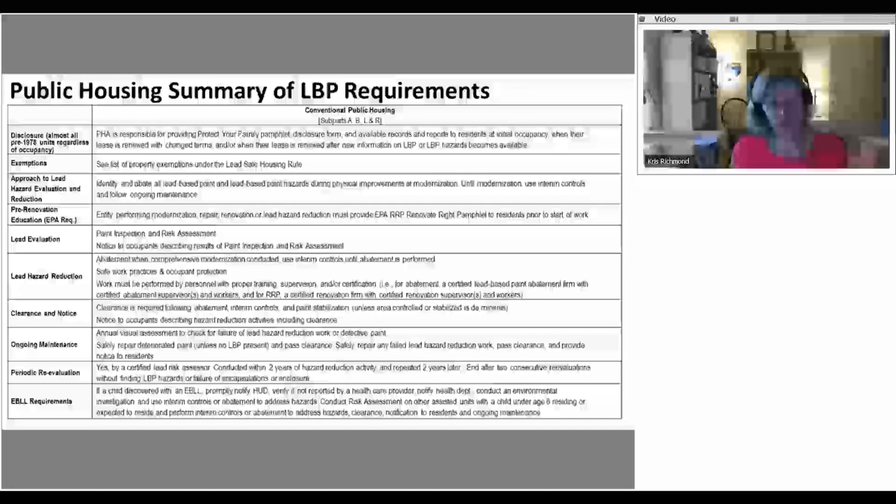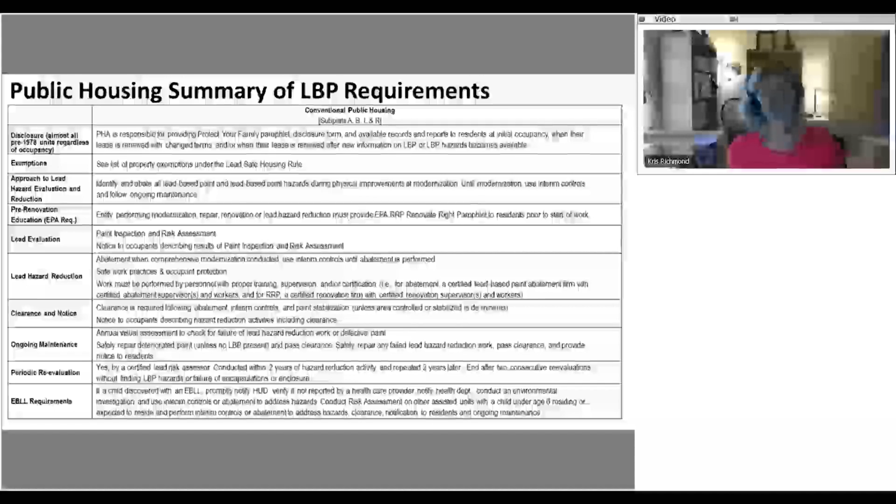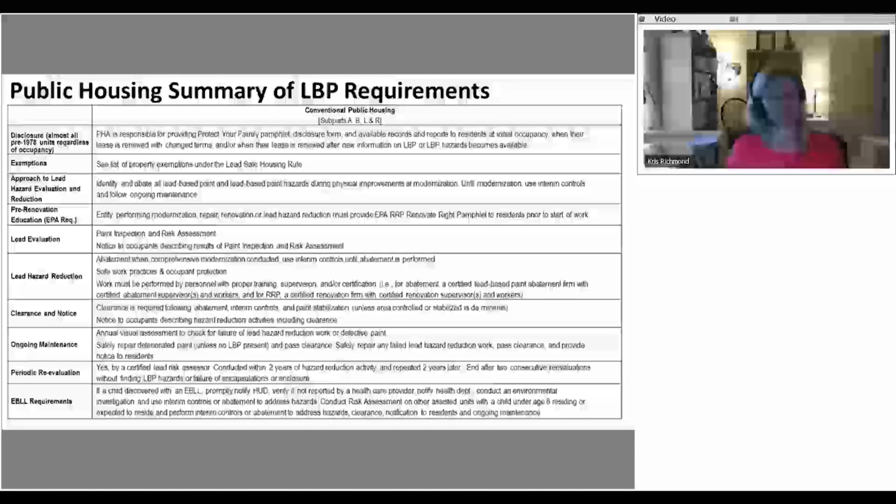That's the chart that I'd have in front of me. What are the steps? What do we need to make sure is happening? And then I would go dive into the regulations or go find another resource or reference material. But this summary chart was really a good grounding for me. It's got everything in one little page, and it's a really good place to start or to remind yourself of what exactly we need to do. So we mentioned disclosure, we got that up there.